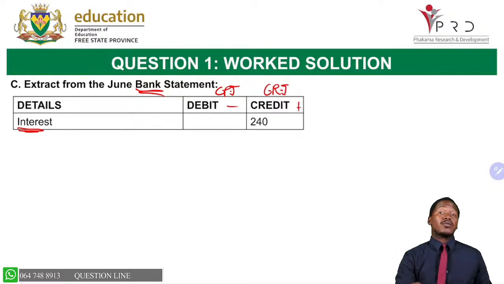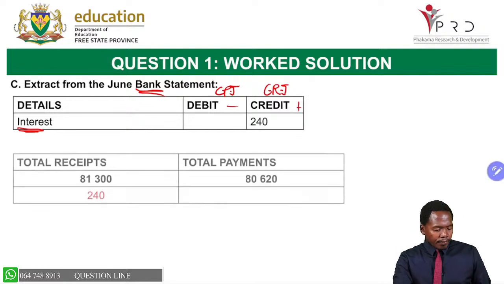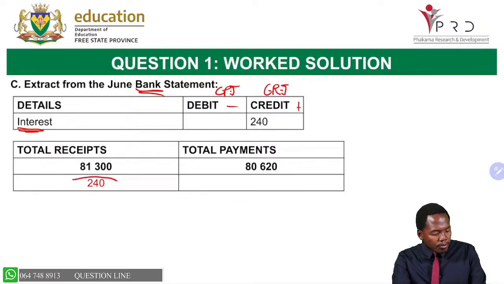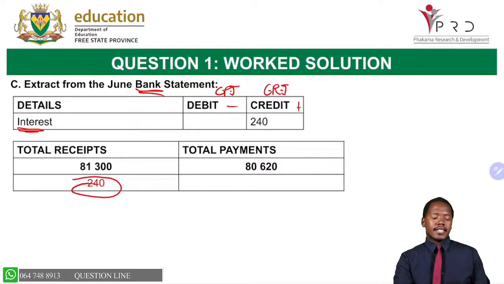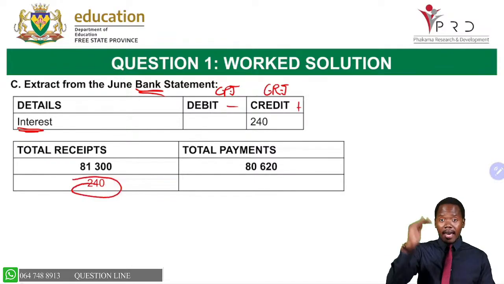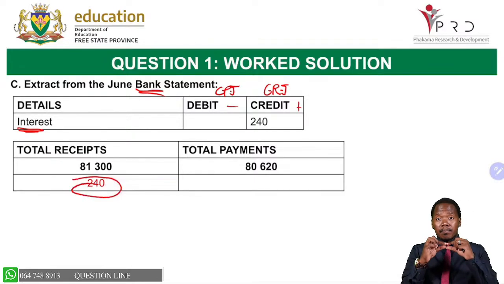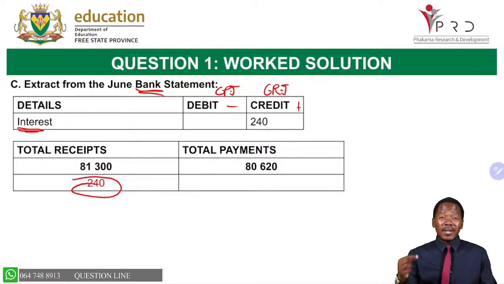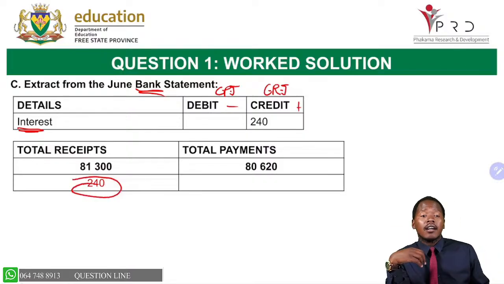Okay, now it's 240. Where do I record this? It goes to my total receipts. Remember, your worksheet is showing everything. Mine, we have decided to break it into pieces so that we give you deeper understanding of these items.